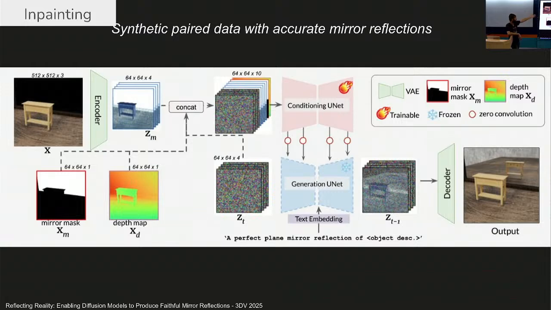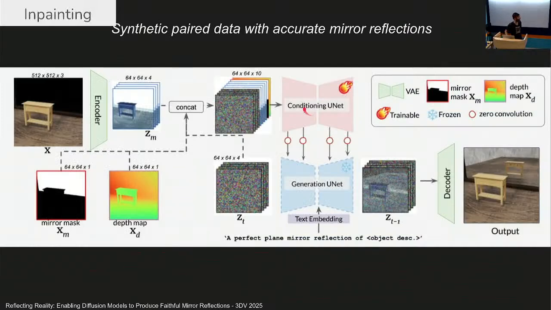You have the mask, you have the background, you concatenate them. You have a full 64 cross 64 cross 10 channel input. This conditioning branch is a copy of the original generation branch, and this is learnable. You extract the intermediate features and directly add them to the features of the generation branch for all the layers, and then you put the loss in the end.